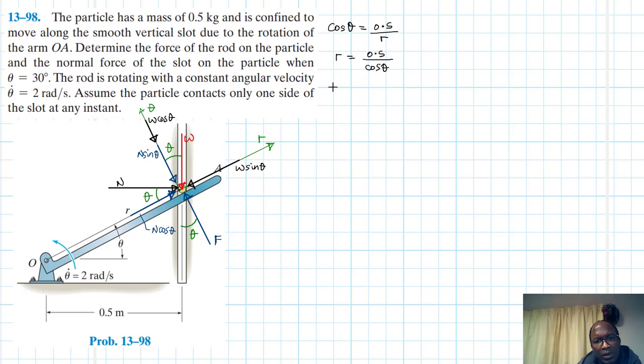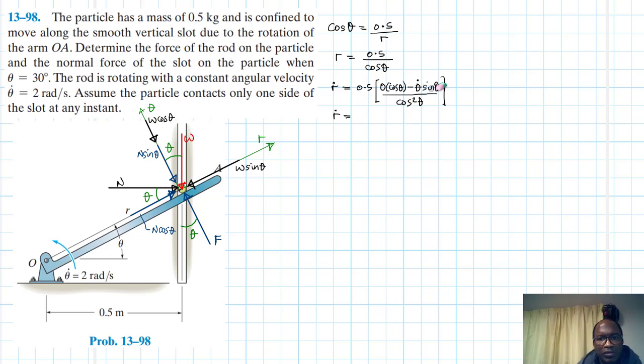Then our r dot, which is the derivative of r with respect to time, we're using the quotient rule, so we can factor out this, and then we'll have 0 times cos theta, minus theta dot sine theta, divided by cos squared theta.